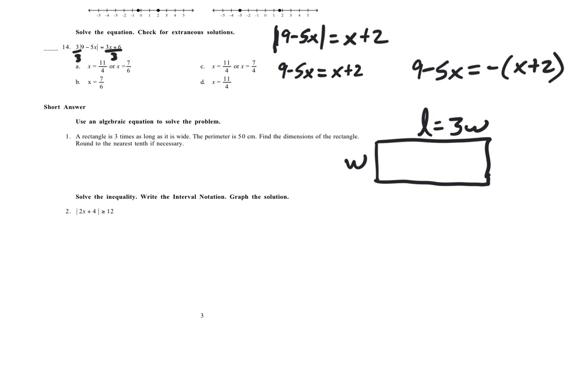Add up all the sides, okay? So we're going to add up all the sides. And what do I know about the opposite sides on a rectangle? They're the same. So this would be W, this would be 3W, and then we'll just add all of our W's together and set it equal to 50. And we want to find both dimensions. So we want to find the width, and then we want to find the length.